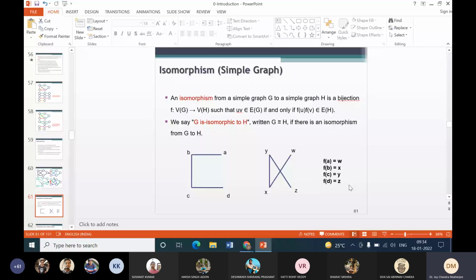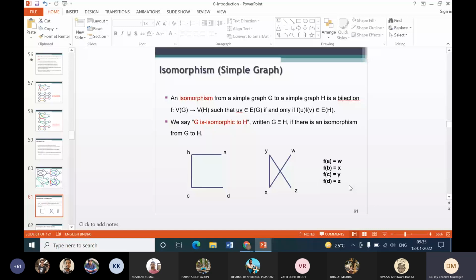And how is it different from non-simple graphs? Because a non-simple graph has multiple edges. Now in a non-simple graph, it may so happen that between two vertices there are multiple edges, or there might be a self loop also. So for non-simple graphs, the definition is a bit different.